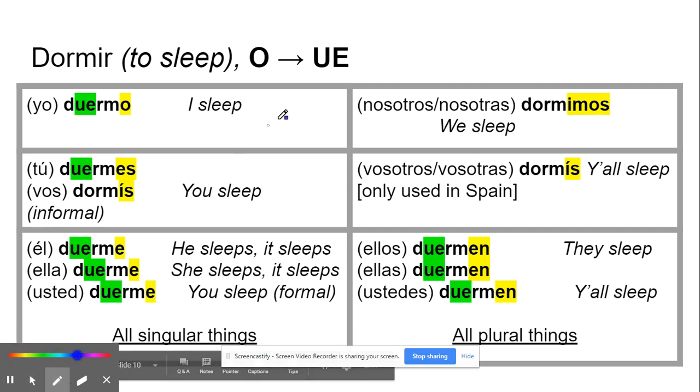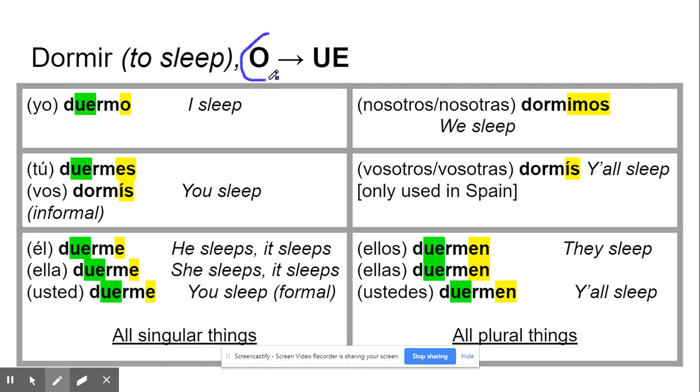Which means that the O right here is going to change to a UE in a couple different conjugations.